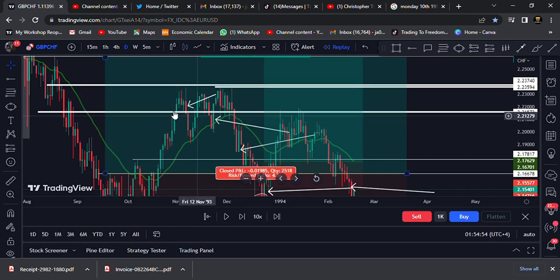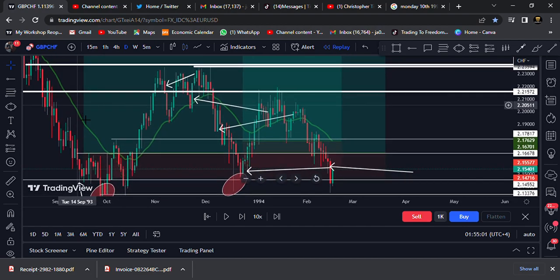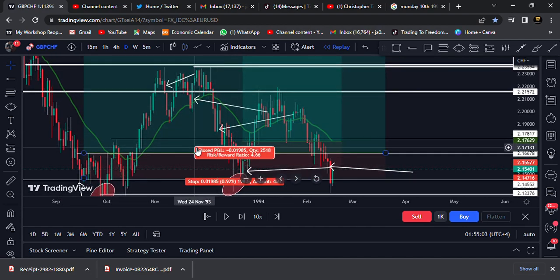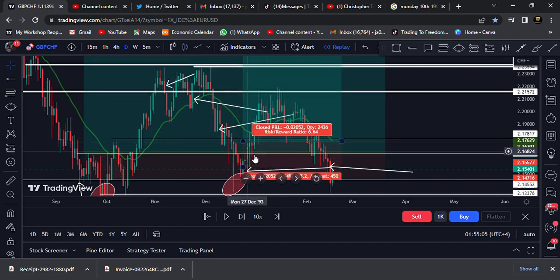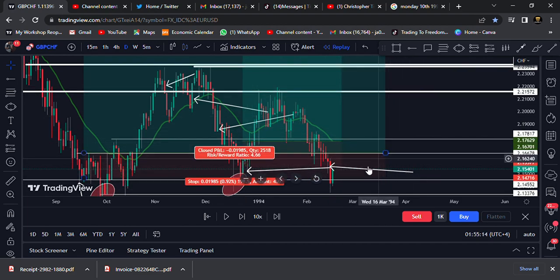So if I could get out here and know that, okay, when the market comes back, it has to reach here before we look for a buy again, I would have just waited. The market comes here, does whatever it's doing here. I re-enter for the second time. It hits this level and rejects. Then we allow the market to do whatever it's doing. So that is it, guys.